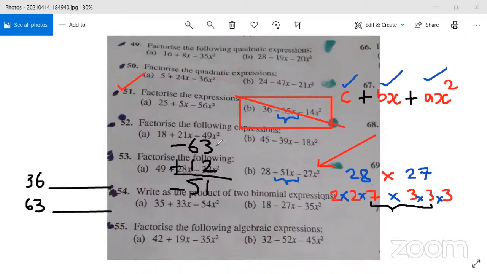And naturally, let's put the x's right here. So we now know that we will be replacing minus 51x with minus 63x plus 12x. So let us take a careful look at what we are using. We'll be using this right here.